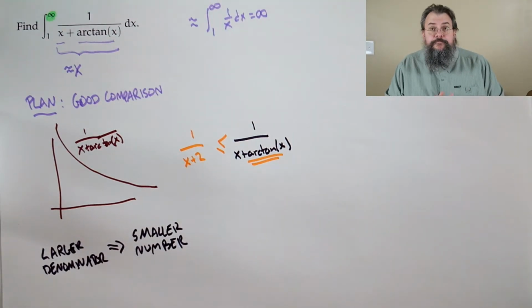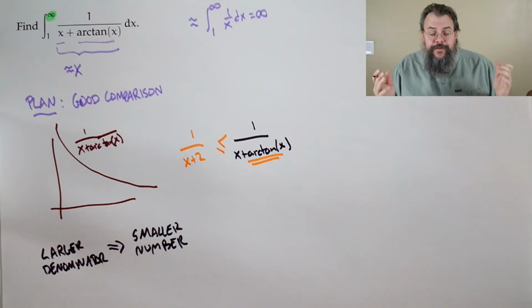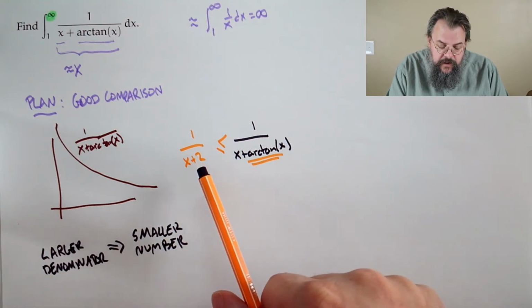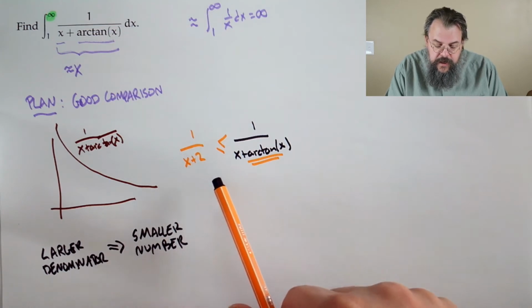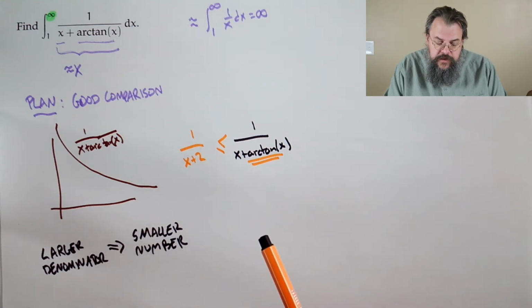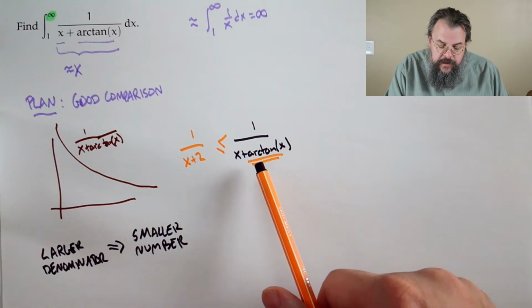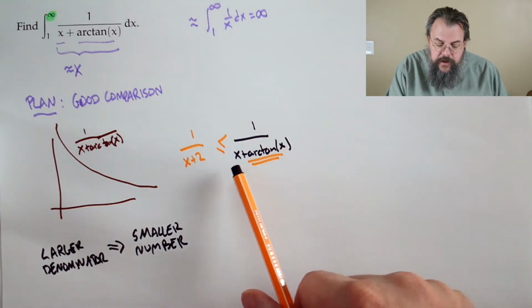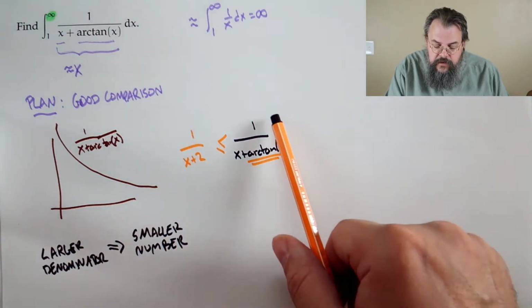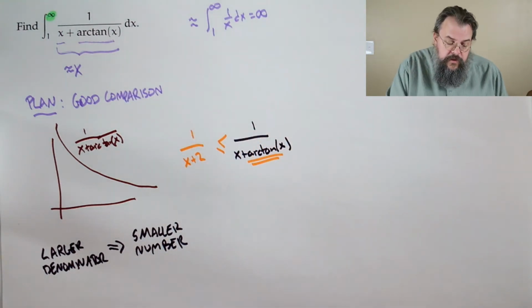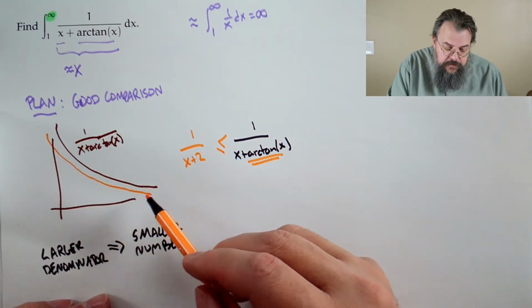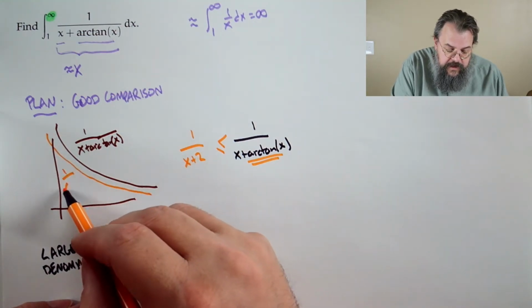See, whatever value of x you pick, because arctangent of x is lower than 2, this denominator is larger than that denominator, so this value is smaller than that value. So 1 over x plus 2 is going to go in underneath.